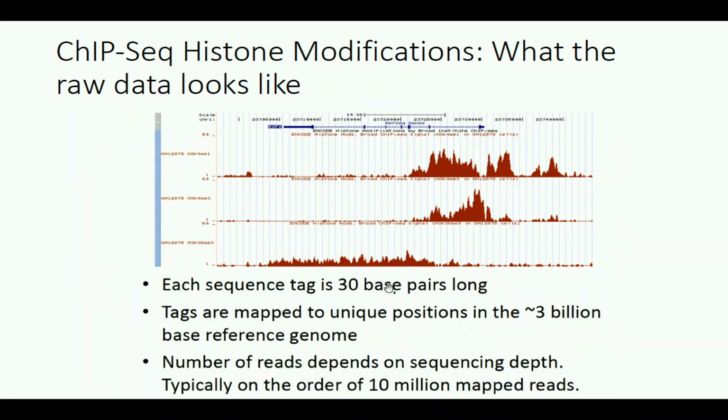So you can see that although the vocabulary in our genome is quite poor, only four letters, if you have a long enough sequence, you get 4 to that number of combinations. So in this case, even a 30 base pair long sequence can get a unique mapping to part of a reference genome.